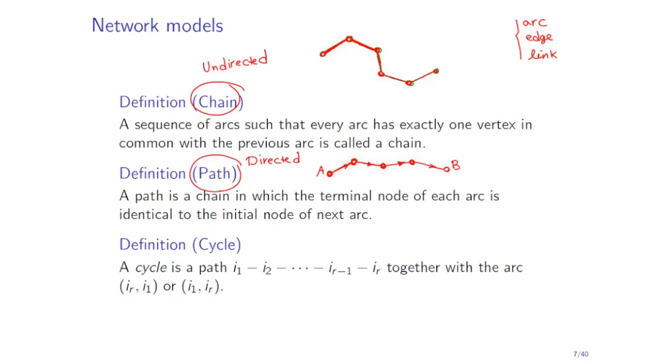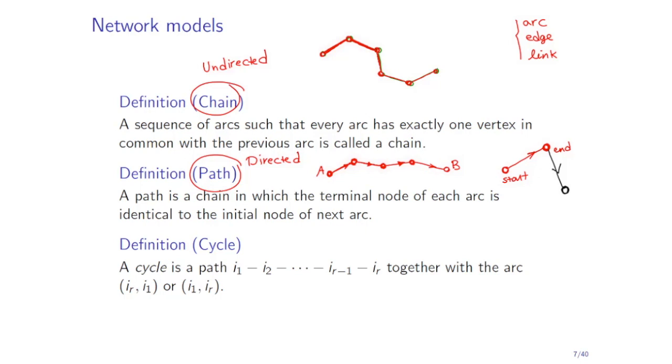So a path is a chain in which the terminal node of each arc, remember every edge in a directed graph starts from a vertex and ends in a vertex. So this is the start, this is the end, and it says that the terminal node, which means the end node of this edge, is exactly the start node of the next edge in the sequence. Okay, so this is about chains and paths.